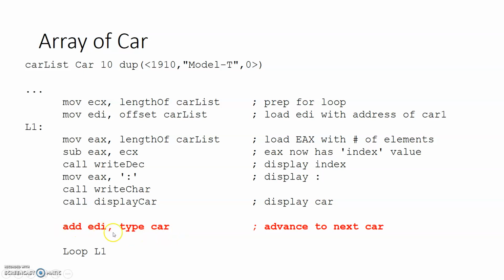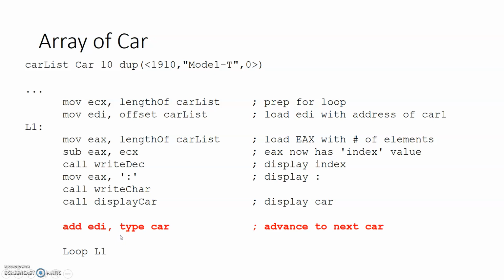Add EDI, comma, type car. What assembly will do on compilation is look at the size of the structure, count the total number of bytes, and that's how many bytes it's going to add to EDI. So if we have 4 bytes for the year, 30 bytes for the make, and 4 bytes for the speed, that's 38 if I did my math right.